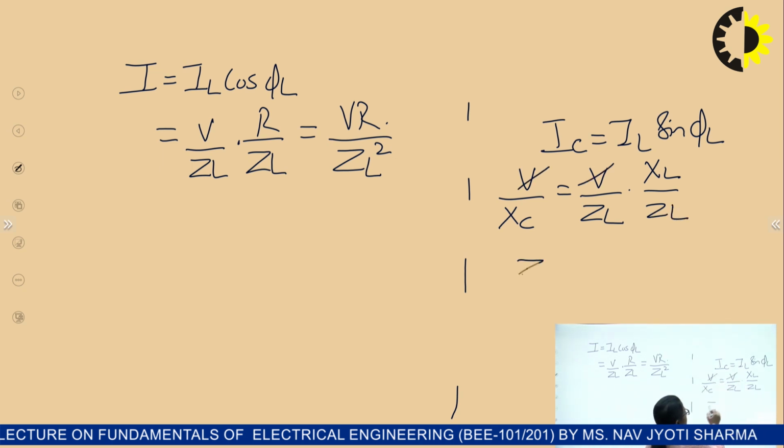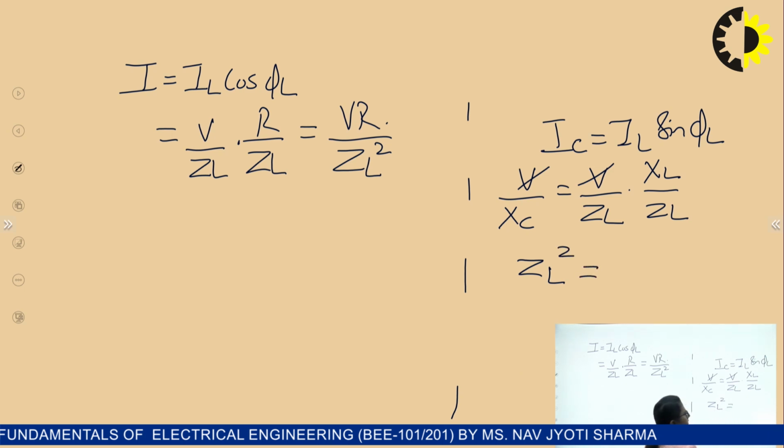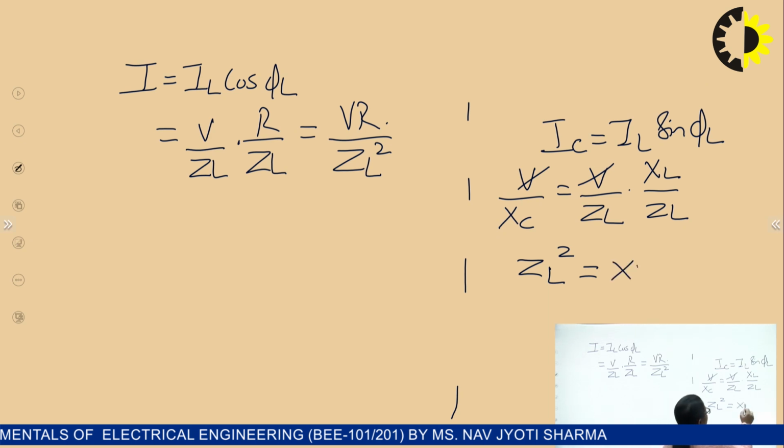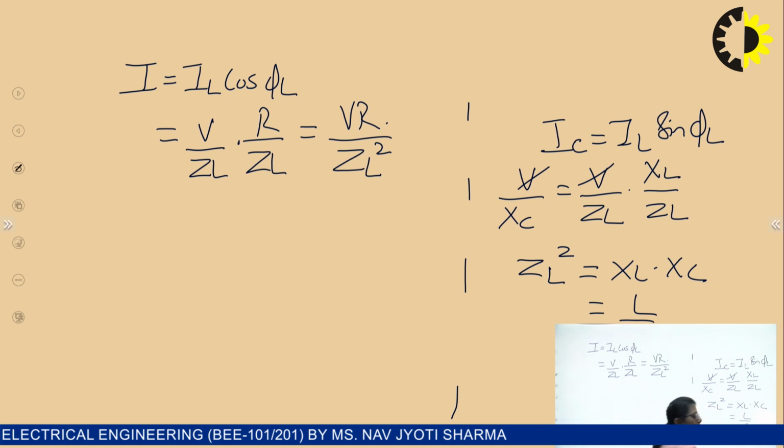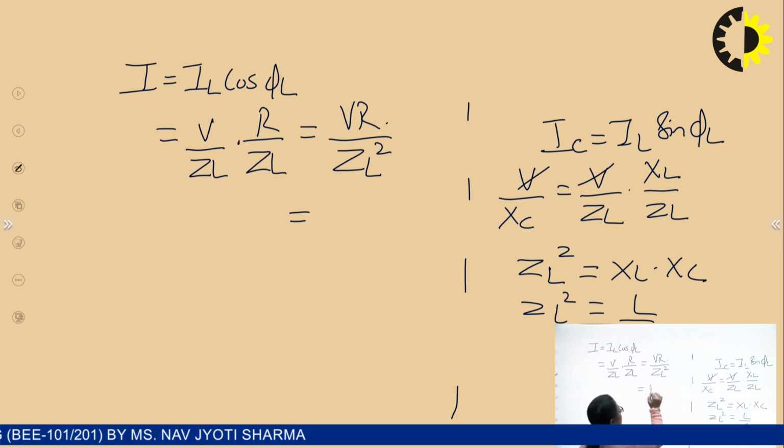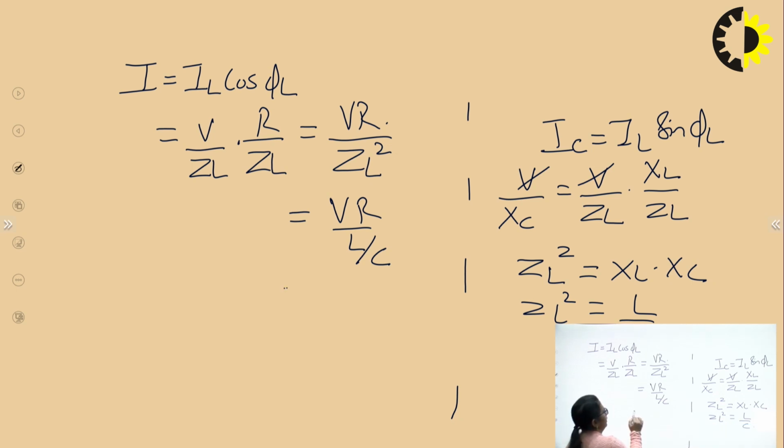So ZL square is given by XL into XC, which is L by C. ZL square is L by C. Substituting ZL square as L by C, and taking R downside, that becomes V upon L upon RC.